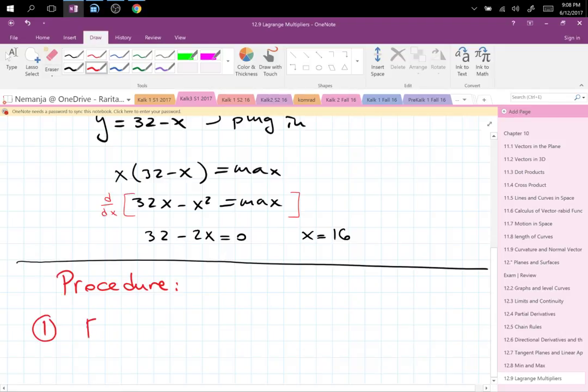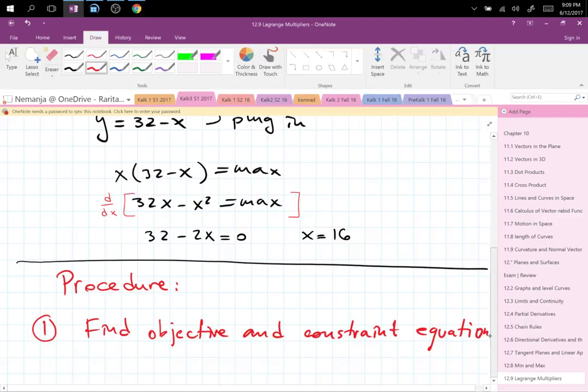Number one, find the objective and constraint equations. So you have to find these equations first.